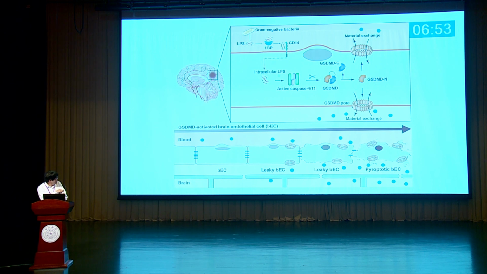So intracellular LPS will then be recognized by caspase-4/11, and then the active caspase processes gasdermin D to liberate its pore-forming domain and make pores in the plasma membrane. The pore is giant, 22 nanometer. Of course, you will get a material exchange across the endothelial layer. Under extreme conditions, those endothelial cells will die of pyroptosis.